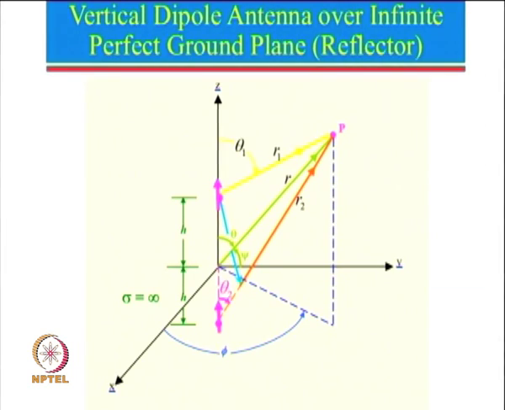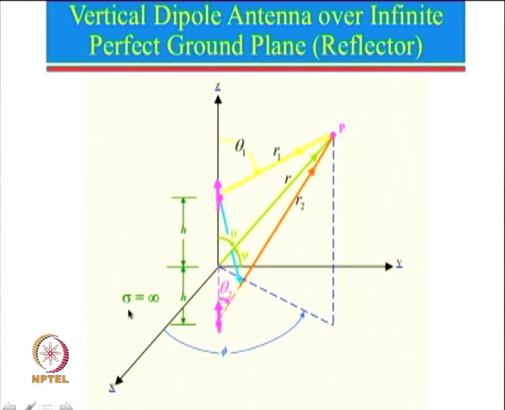with a very simple thing, and that is a vertical dipole antenna over an infinite perfect ground plane, which is nothing but will act as a reflector here. So, let us see here, here is a small dipole antenna which is put over here, and in this plane we have put an infinite ground plane, and when we say perfect ground plane, that would mean sigma is equal to infinity.